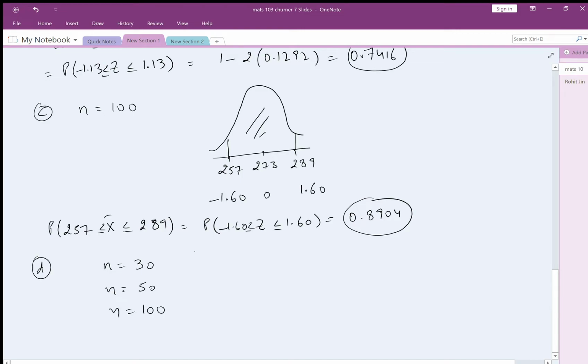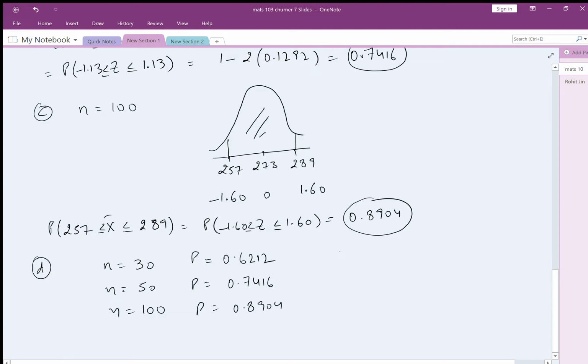The probability in part A was 0.6212, in part B 0.7416, and in part C 0.8904.